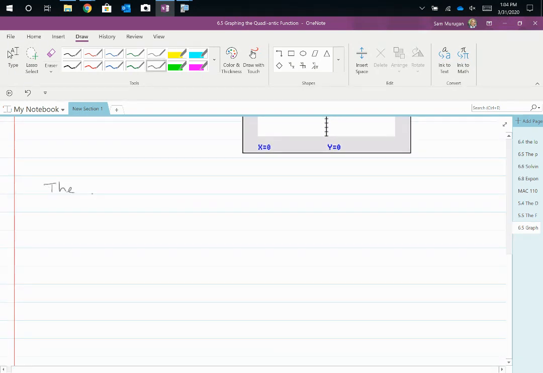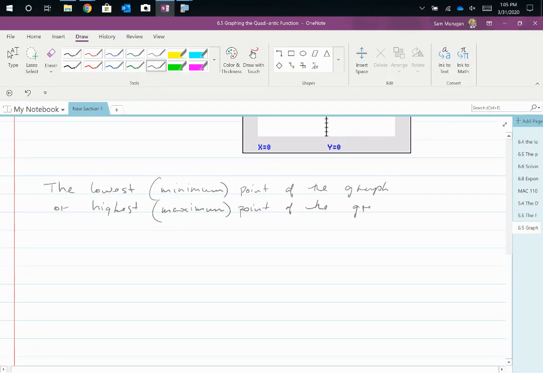The lowest, minimum point of the graph, or the highest, maximum point of the graph, is called the vertex, and the vertex has the coordinates h and k.